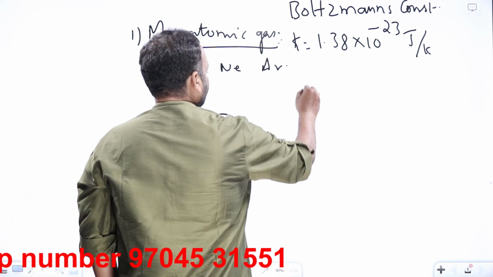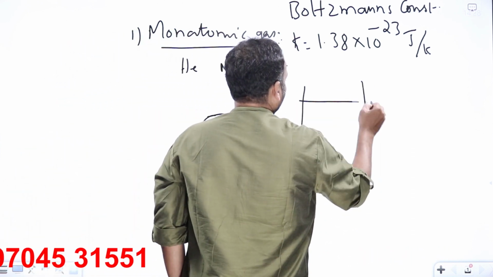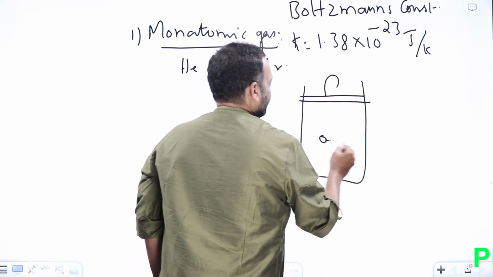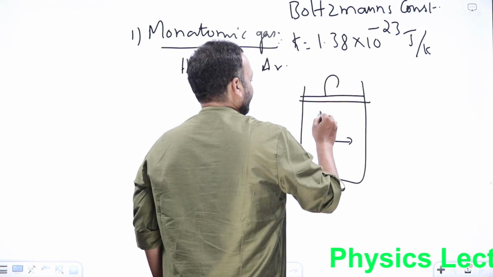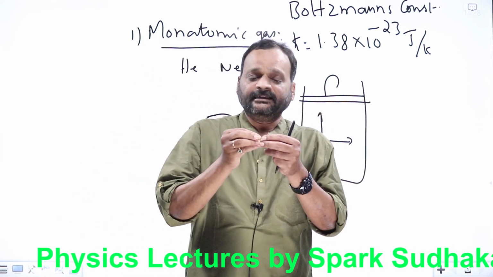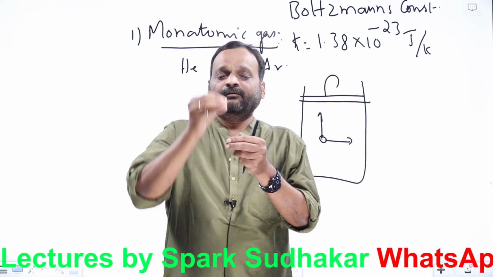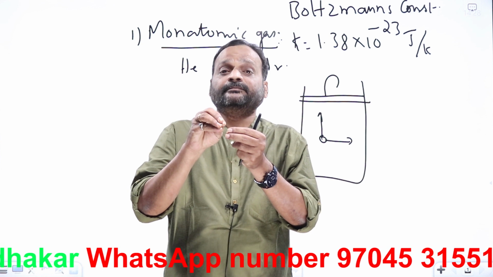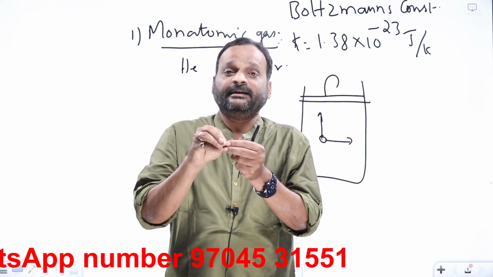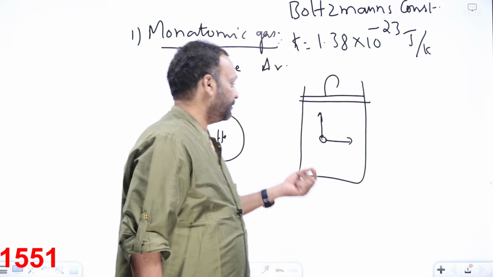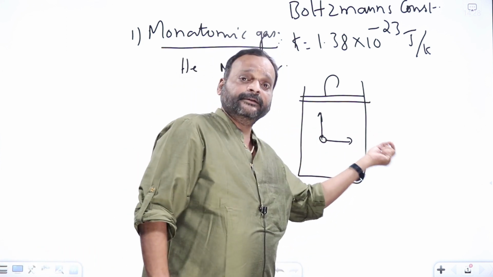1 atom in a vessel. This single atom of helium can move along the x-axis, or along the y-axis, or along the z-axis also. It means the molecule in a gas can move along the x-axis, y-axis or z-axis. So this atom has 3 degrees of translational motion, because the particle is moving from one point to another point.